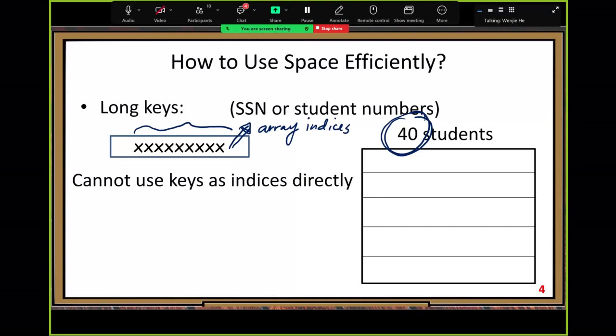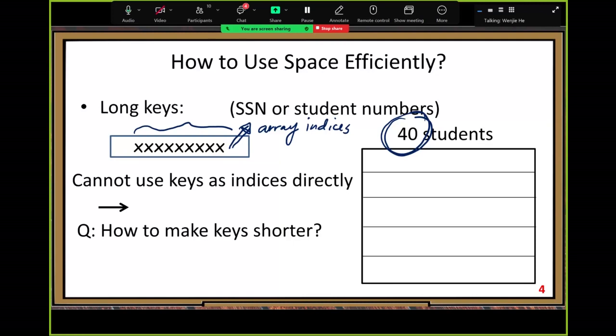But how to make it indirect addressing? Another big design consideration is how to make keys shorter. Your goal is to shorten the given keys.